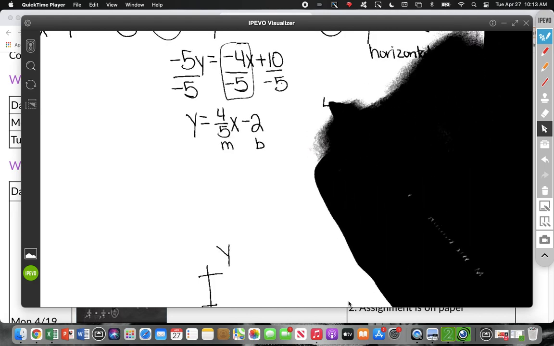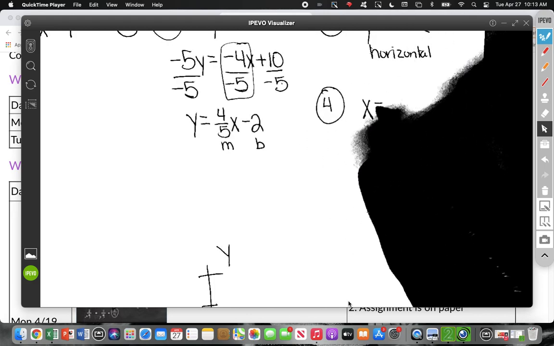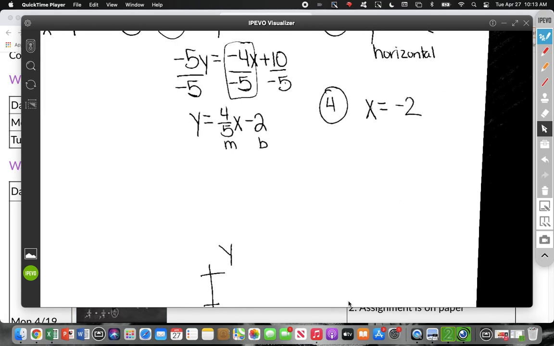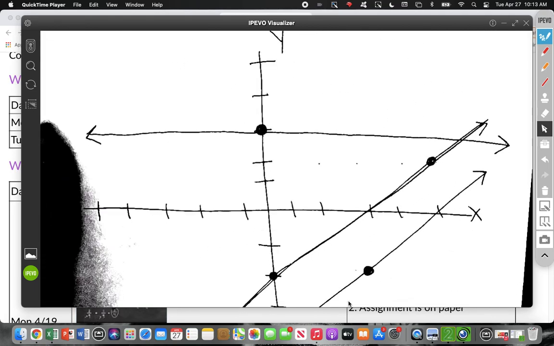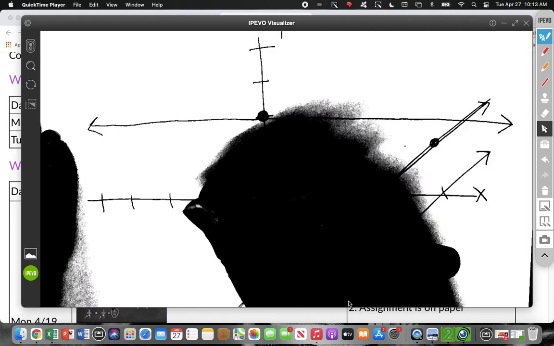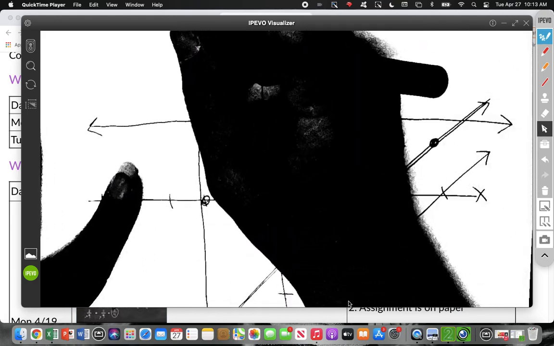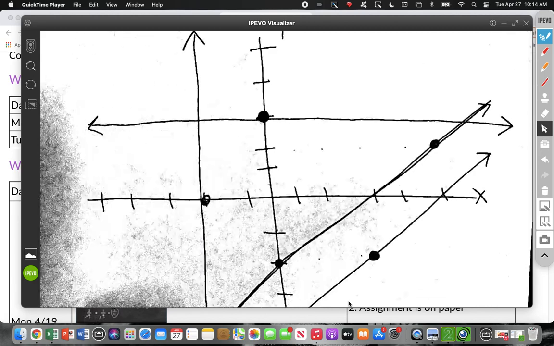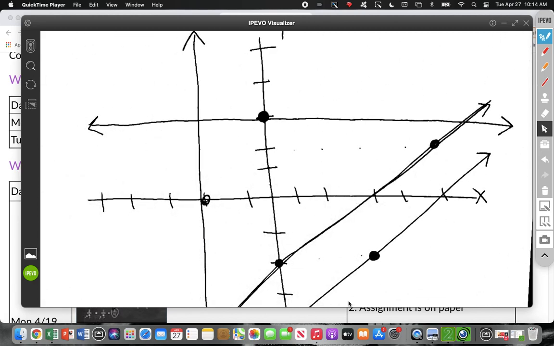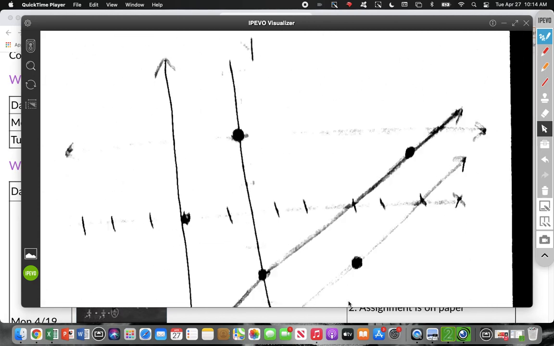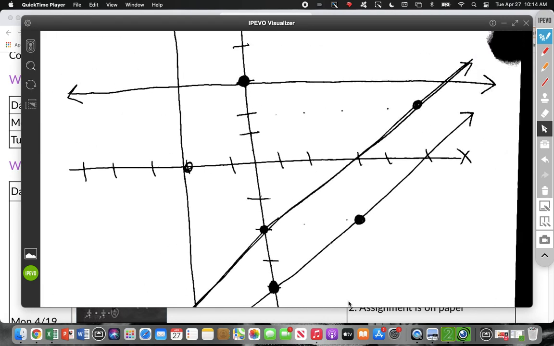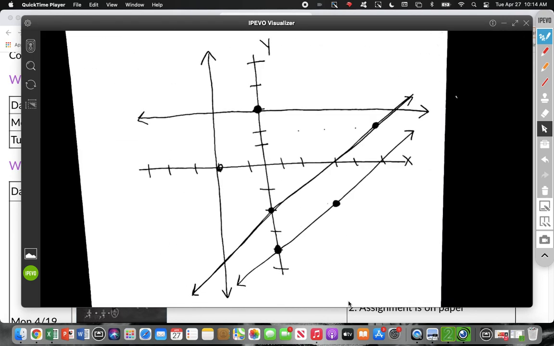Right, so that's my next example. What if I said x equals -2? Where would you go? -2, and then go up and down. And so do you see how this is starting to create a little stained glass window kind of?